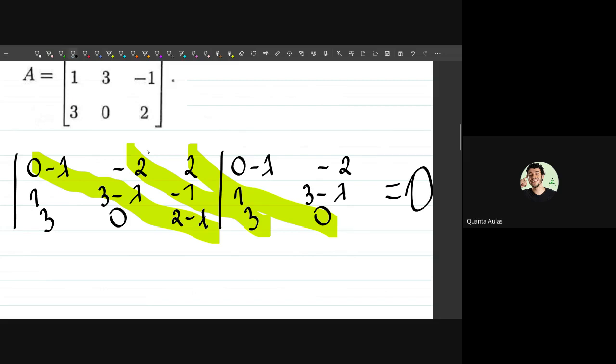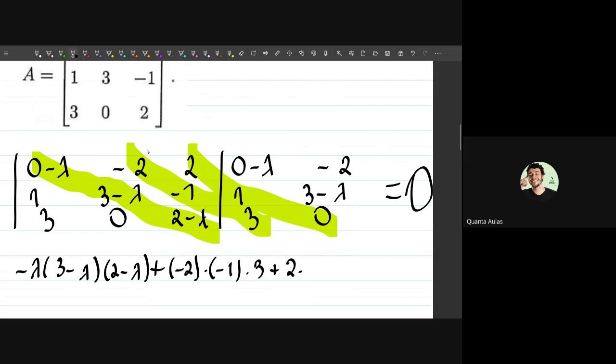But okay, let's go. First diagonal: minus lambda times 3 minus lambda times 2 minus lambda, plus the second diagonal: minus 2 times minus 1 times 3, plus the other: 2 times 1 times 0. Right, okay, perfect.